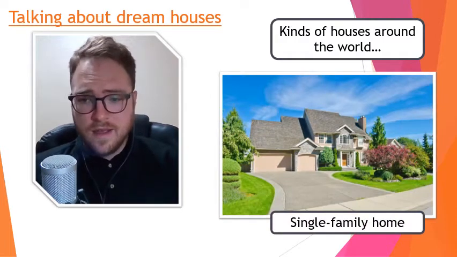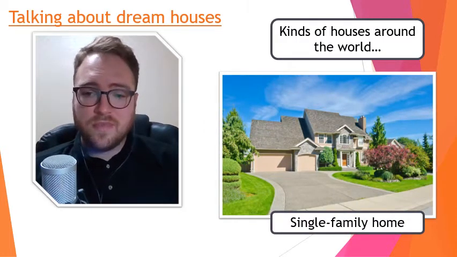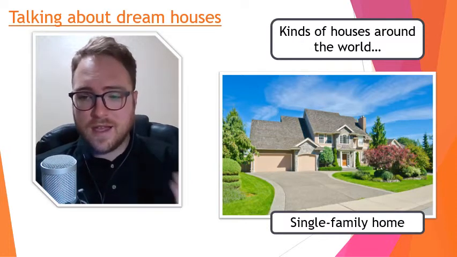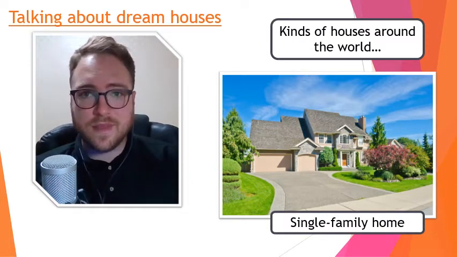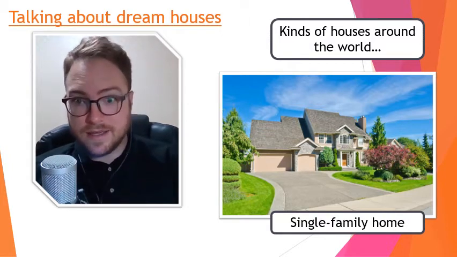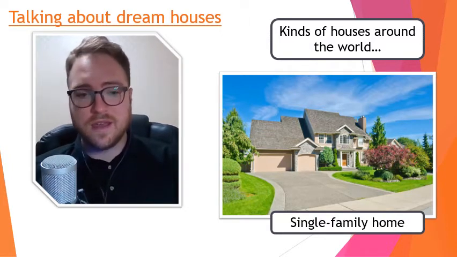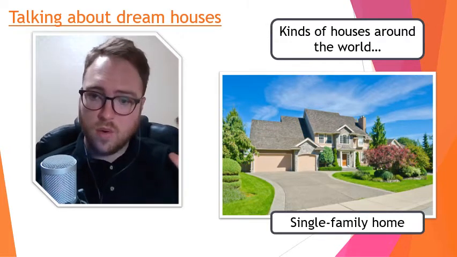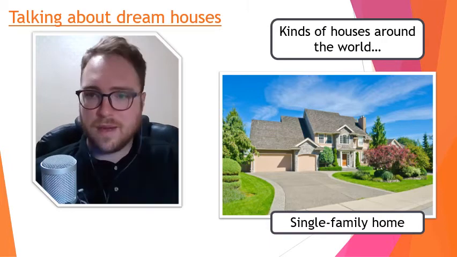Okay, the first one is called a single family home. Okay, and this kind of house is very popular in America, in Canada, Australia. These kinds of places, they prefer to have a big home for one family.